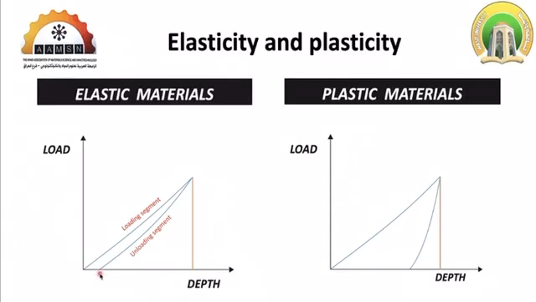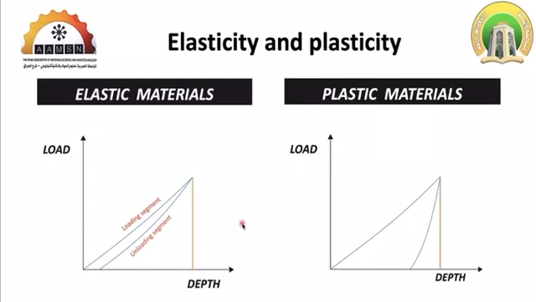The distance from the point where the unloading curve intersects the x-axis to the original point represents the plastic deformation. So we have two lines here: one represents the plastic deformation and one represents the elastic deformation.